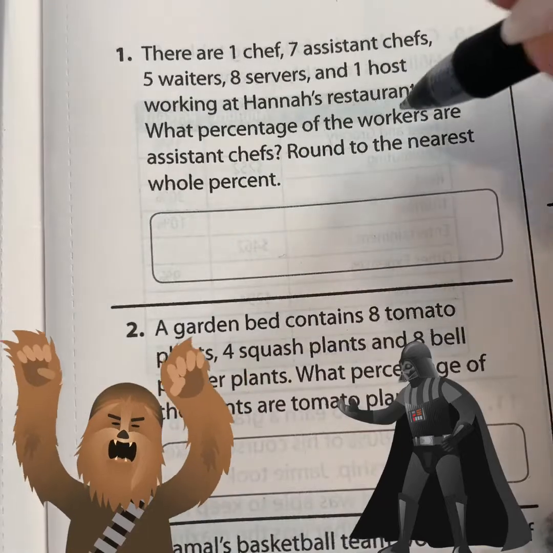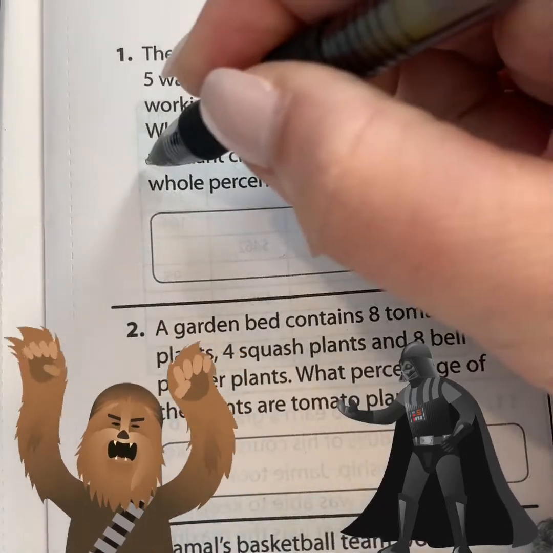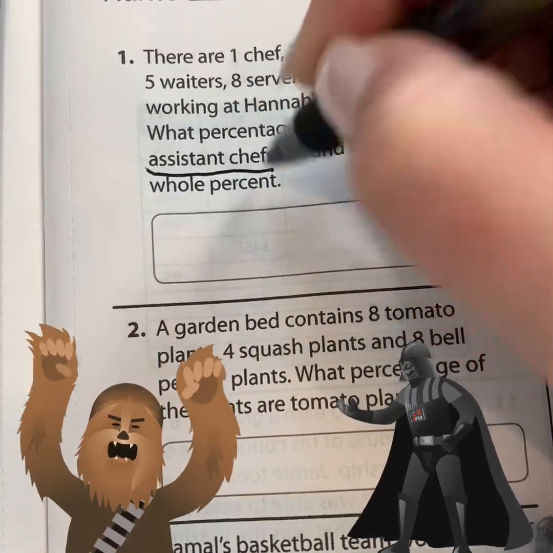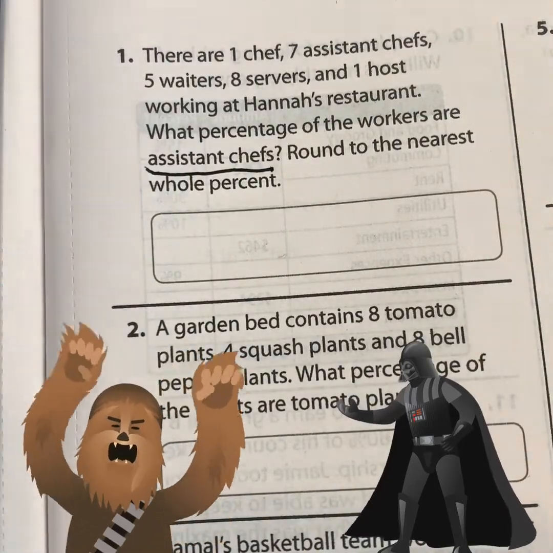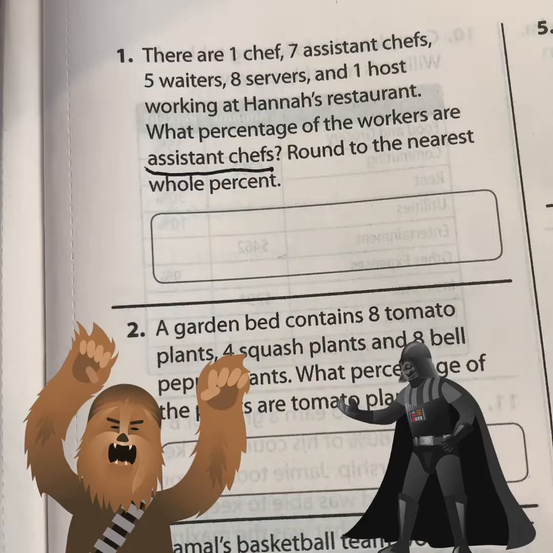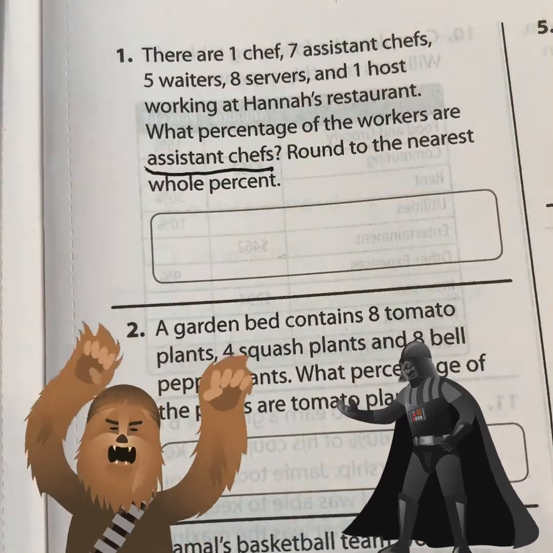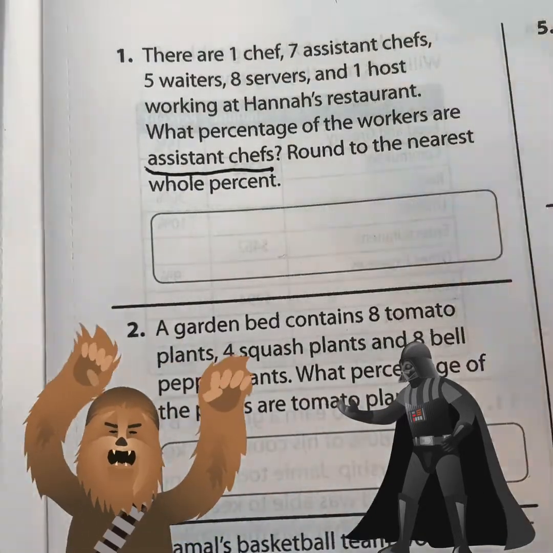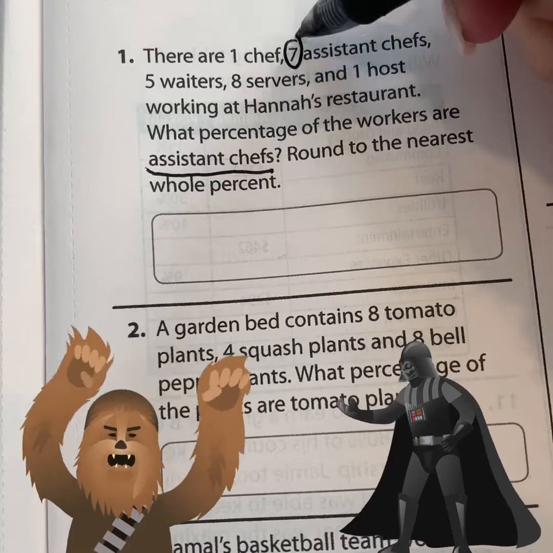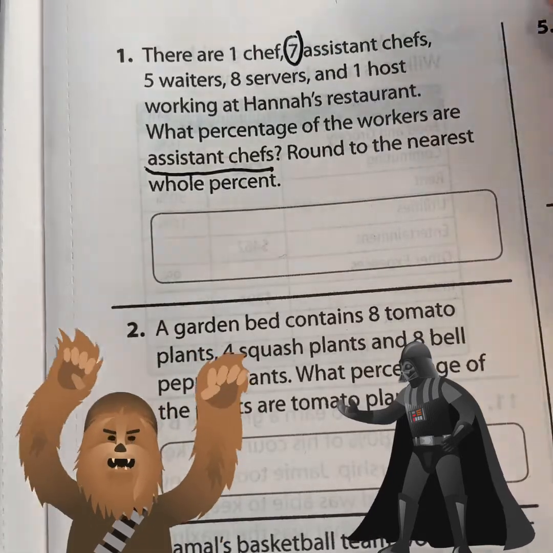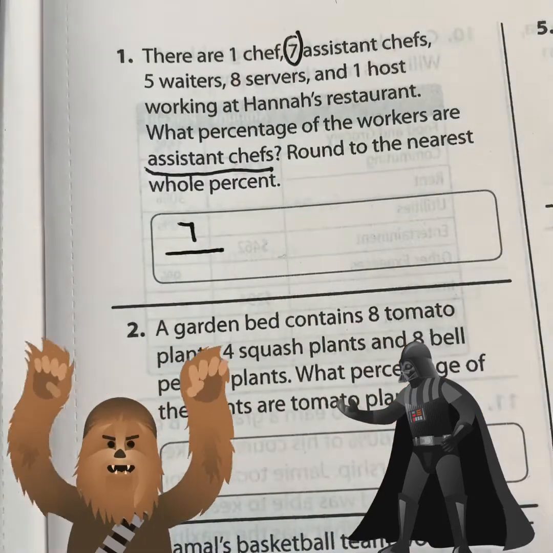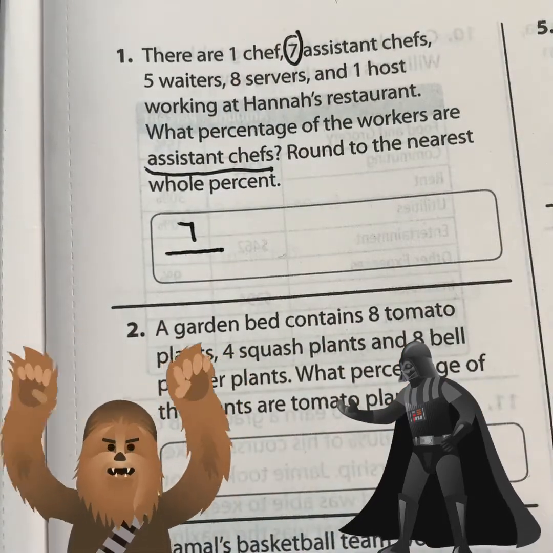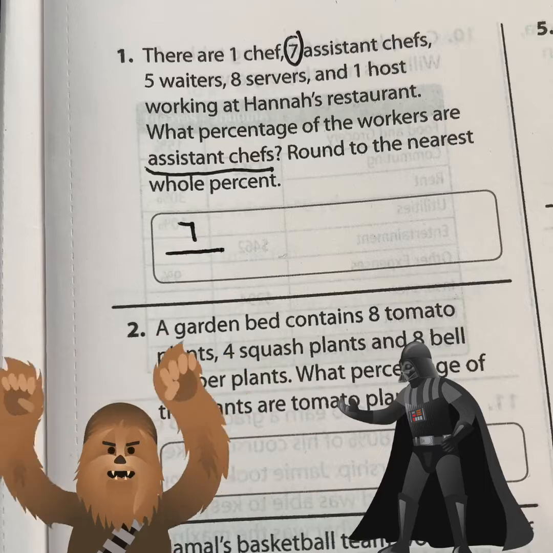So they're asking us for the percent of workers that are assistant chefs. So that means we have to know the part that are assistant chefs. So if you go back and look, we have 7 assistant chefs, so that's going to be our part. The whole is going to be how many total people are working at Hannah's restaurant.